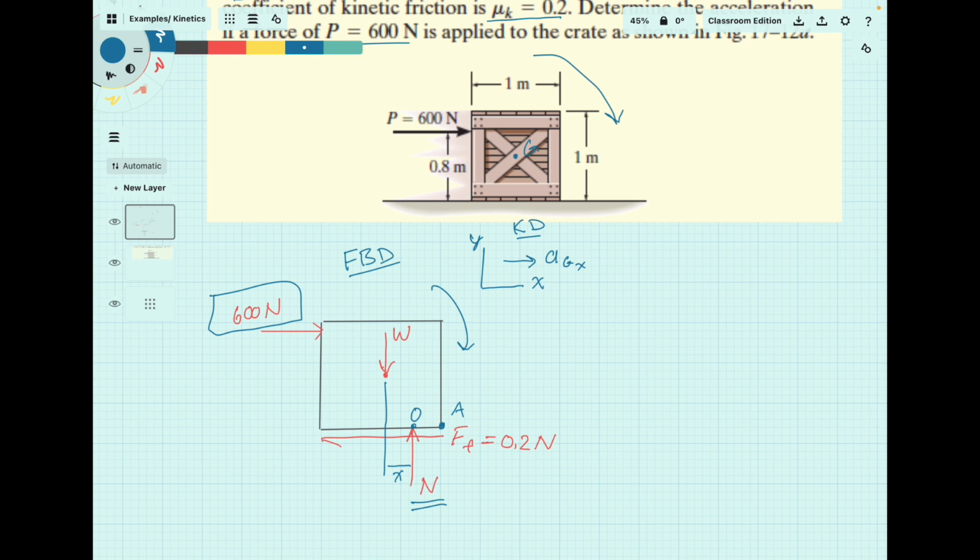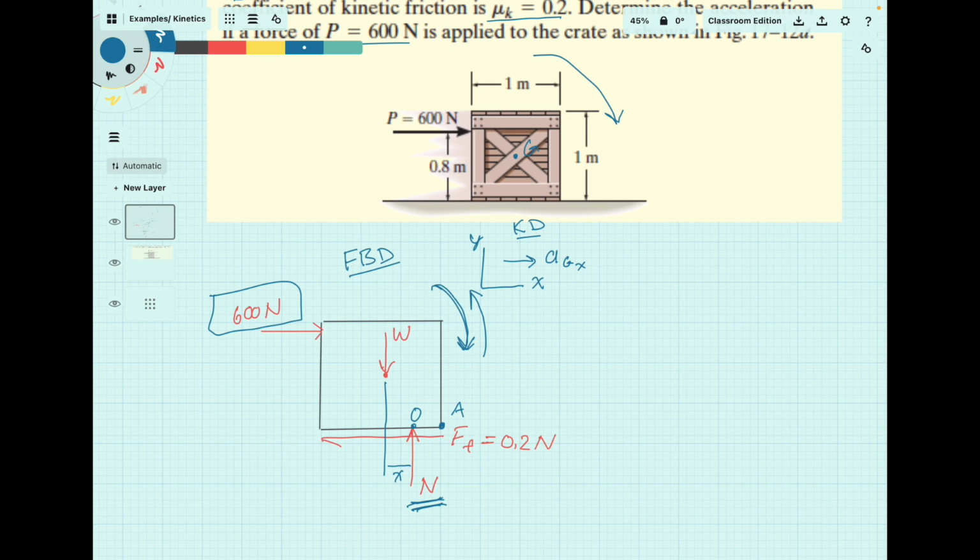Assuming that the box doesn't actually rotate, then that means that the resultant normal force needs to shift to sort of balance that. So if that 600 Newton force is creating a moment that's wrapping in the clockwise direction, the normal force is actually creating a moment that wraps in the other direction, and they do balance out.